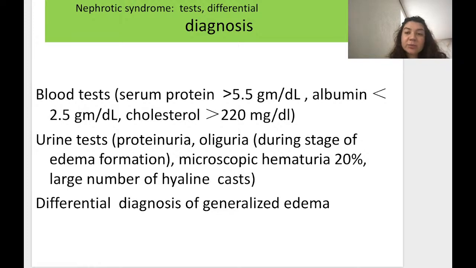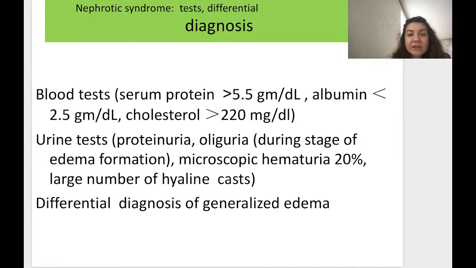In the urine test, for nephrotic syndrome we can see proteinuria, oliguria during the stage of edema formation. It can be microscopic hematuria in nearly 20% of cases, less specific than proteinuria, and a large number of hyaline casts due to massive proteinuria.